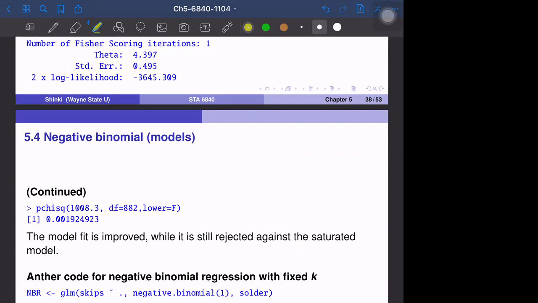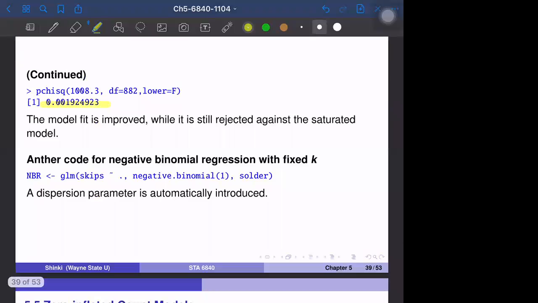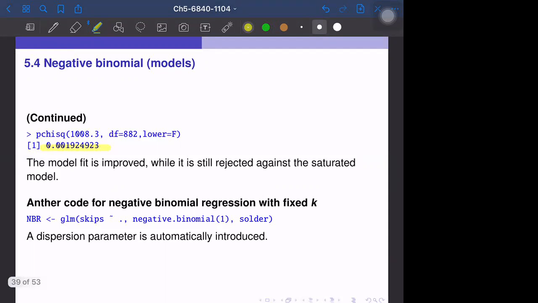But the situation gets much better; the p-value is still significant, but it's much better than the previous model. So this is one example of fitting the negative binomial model.